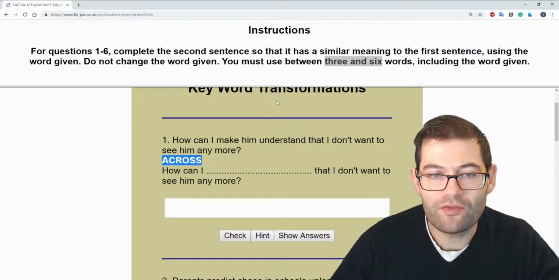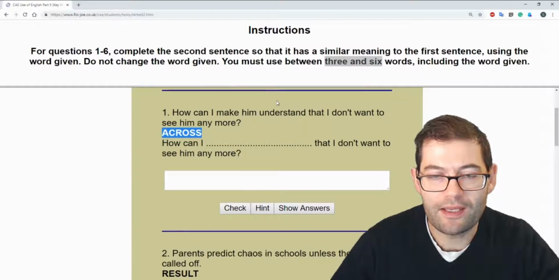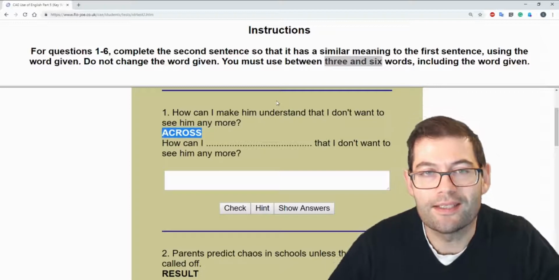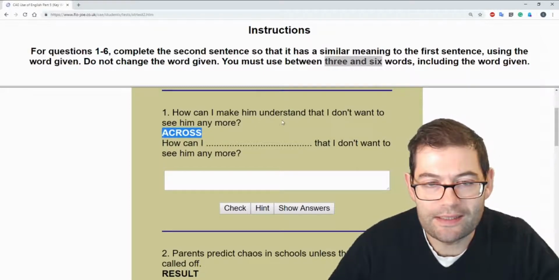Okay, so let's go through our questions and hopefully explain in a way that you can understand why the answers are the answers. So let's get started.